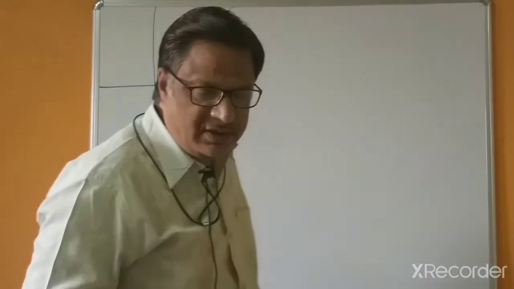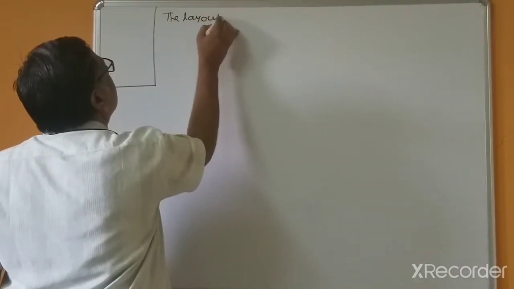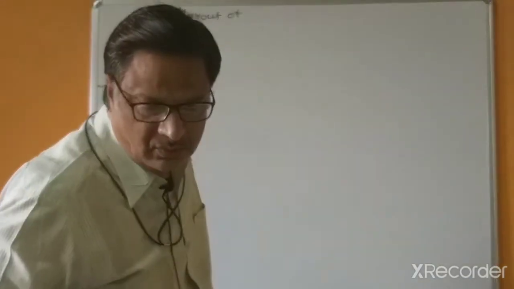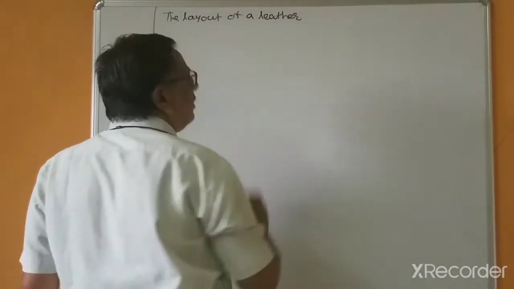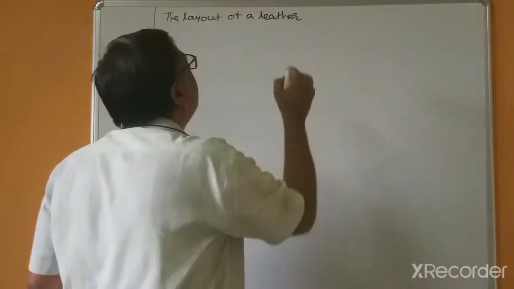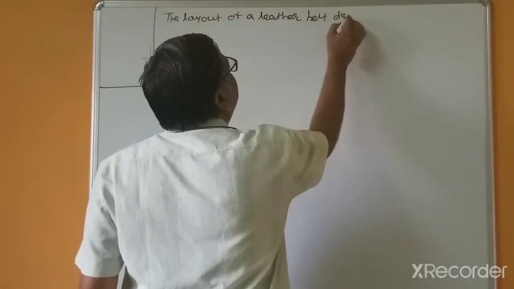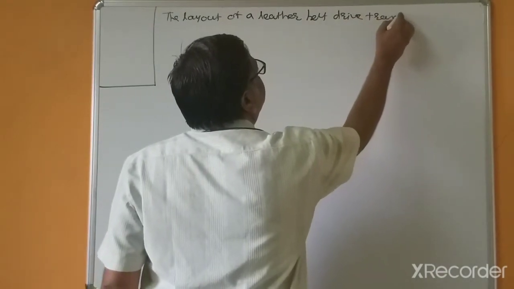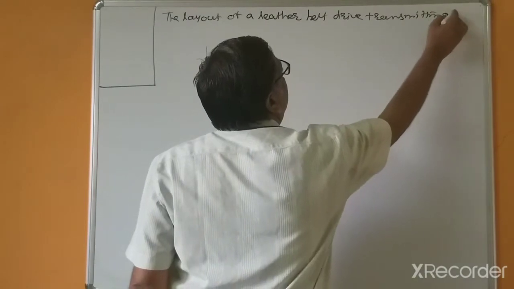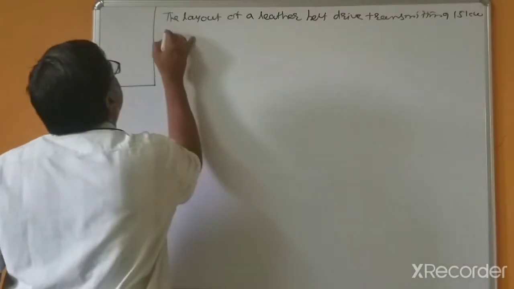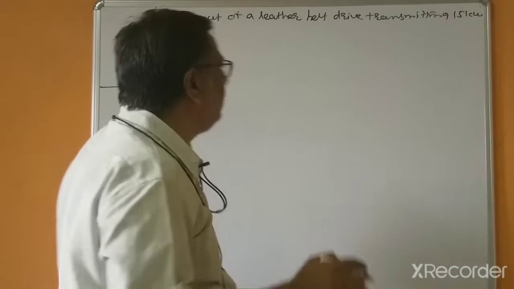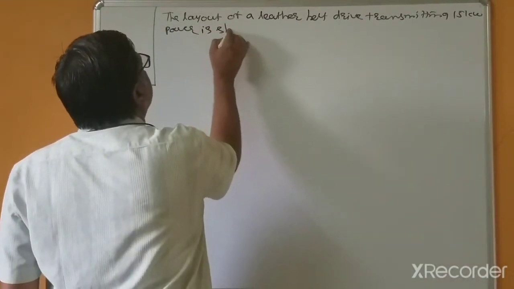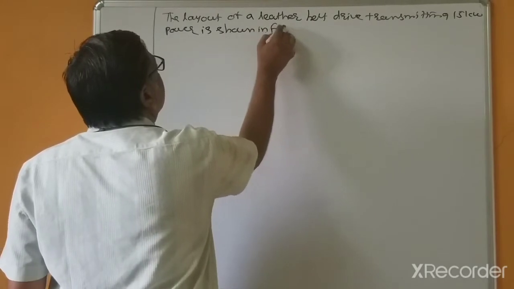The layout of a leather belt drive transmitting 15 kilowatt power is shown in the figure.